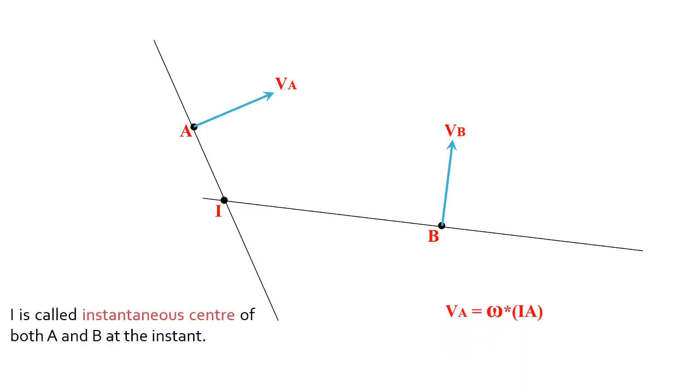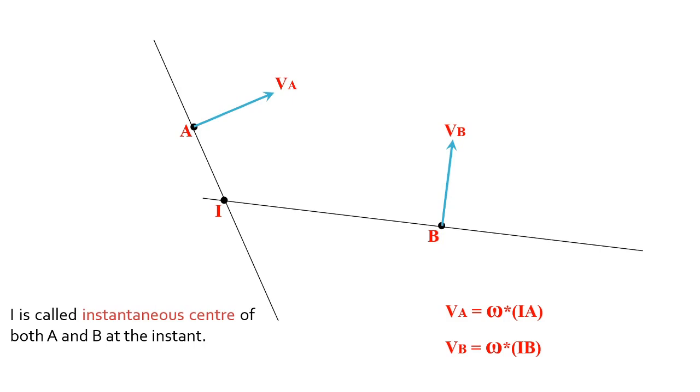So this relation also you please note down. Draw this and note down this relation, also the definition. Clear? This relation is required to solve problems: VA in terms of the instantaneous center only. VA at this instant, always this instant is important, otherwise there is no use.